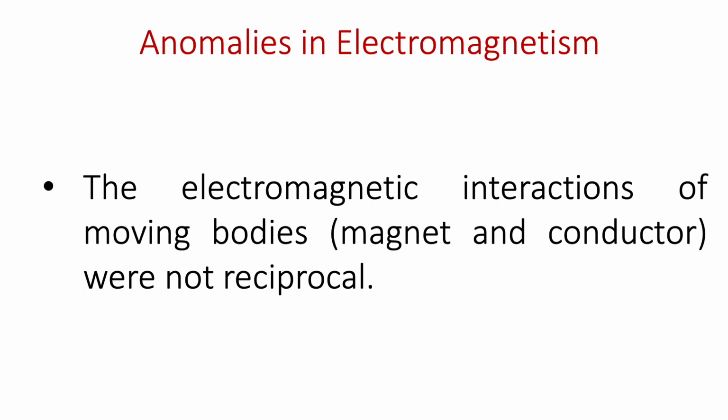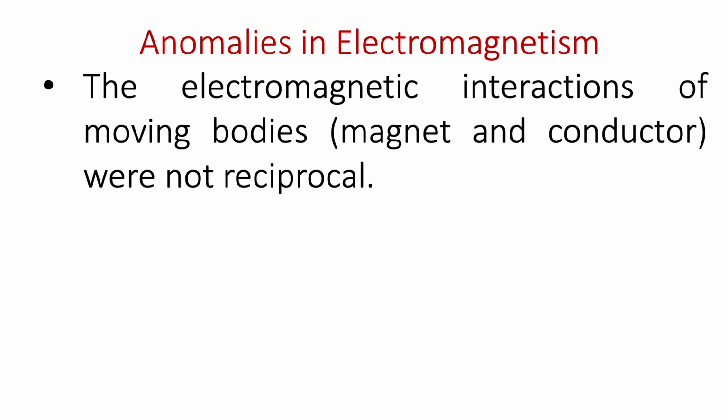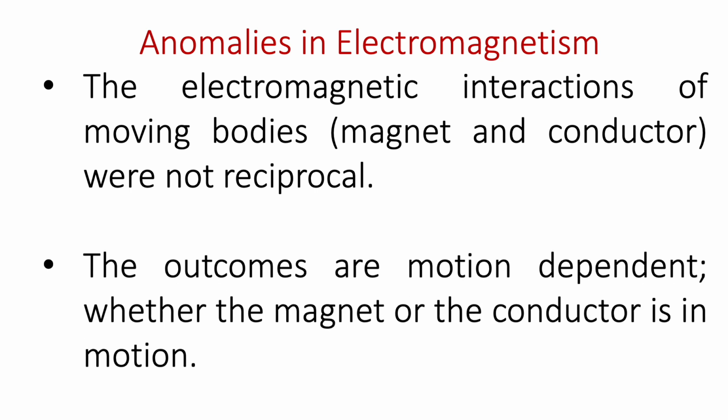Now let's see why exactly the special theory of relativity was developed. There were some anomalies in the electromagnetic interaction. The electromagnetic interaction of the moving bodies, the magnet or the conductor, was not reciprocal. The outcomes are motion dependent, depending on whether the magnet or the conductor is in motion.